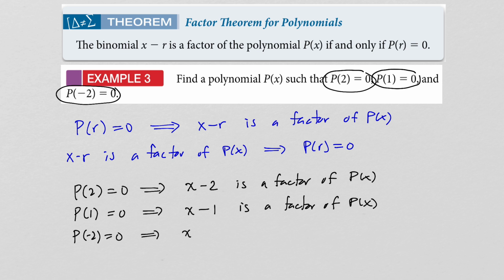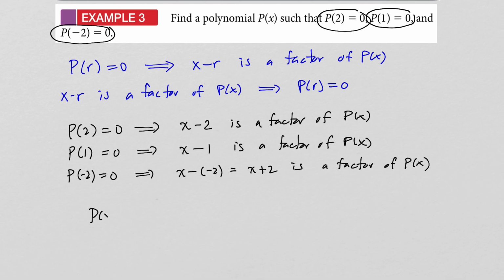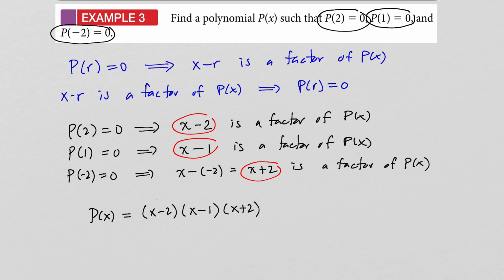This means that x minus negative 2, which is the same as x plus 2, is a factor of p of x. So what do we know about p of x? We know that p of x has to be made up of these factors. So p of x has to be x minus 2 multiplied by x minus 1 multiplied by x plus 2.